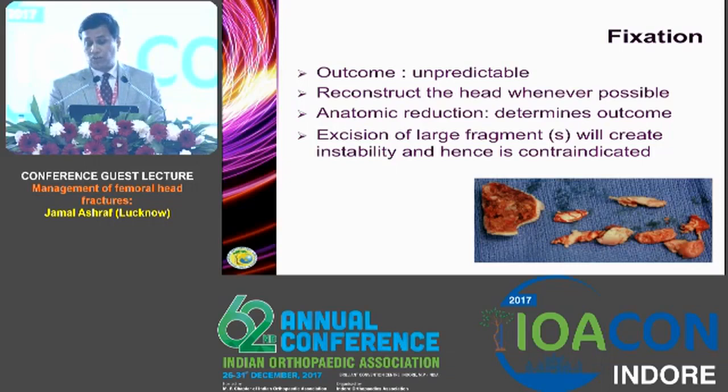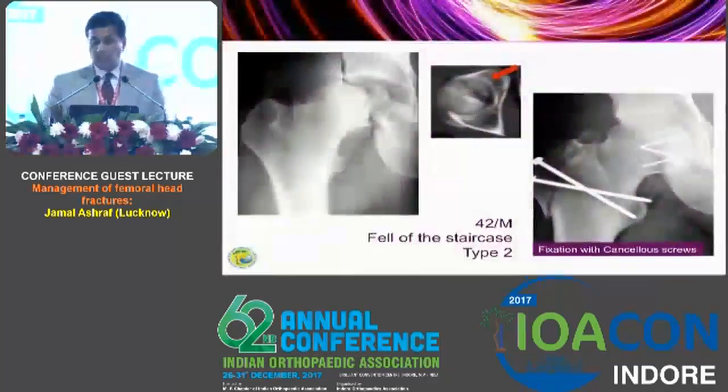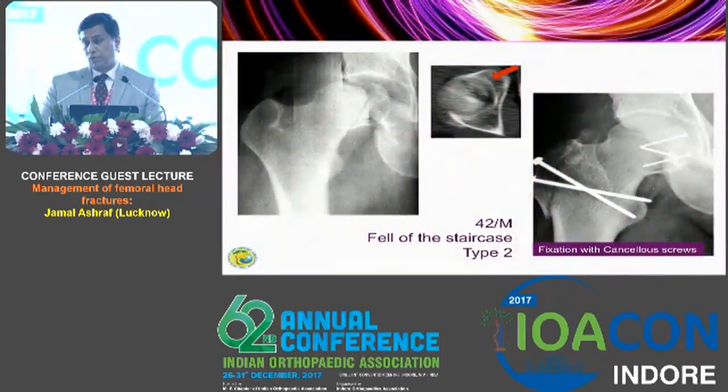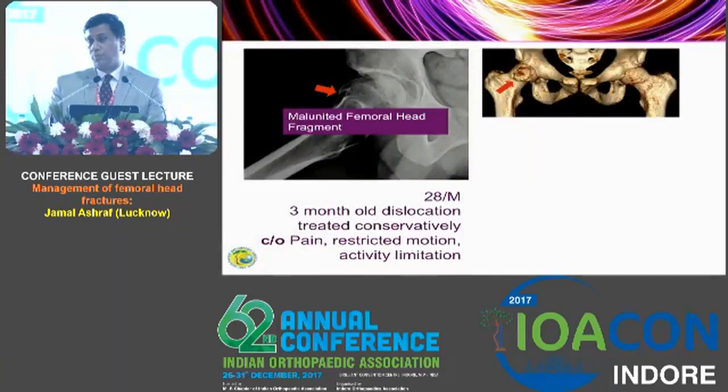And also because excision of large fragments, which is invariably the scenario in type 2 fractures, will create instability and hence is contraindicated. This is a type 2 fracture which was approached through a posterior approach after a flip osteotomy and fixed with 3 cancellous screws. Now, this is a patient who presents to us 3 months post hip dislocation with complaints of pain, restricted motion, and activity limitation.